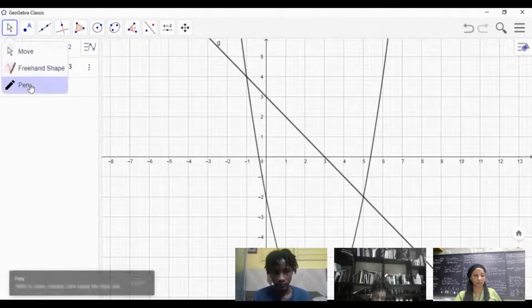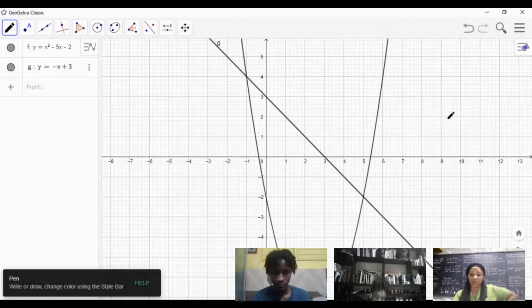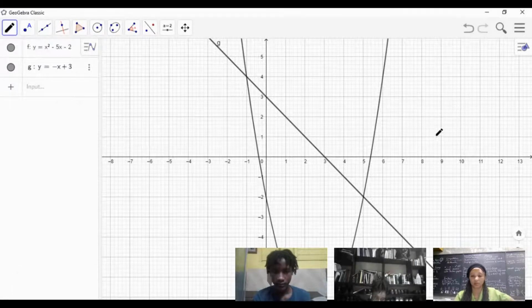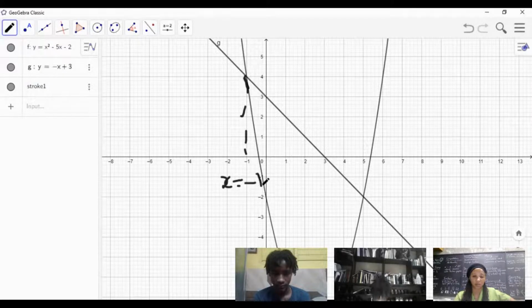Yes, miss. All right, so tell me what the solutions are. The first solution is x negative 1, y 4. All right, so from here, straight down, dotted line, x is negative 1, and straight across, y equals 4.